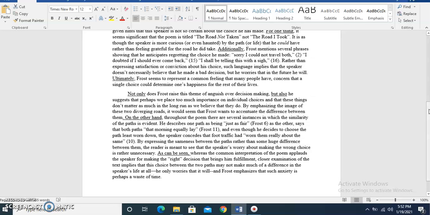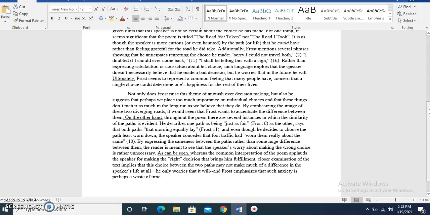By emphasizing the image of these two diverging roads, it would seem that Frost wants to accentuate the difference between them. On the other hand, again, just by using that phrase, I'm showing here's what some people might think, but here's a different way that I think about it, right? On the other hand, throughout the poem, there are several instances in which the similarity of the paths is evident.